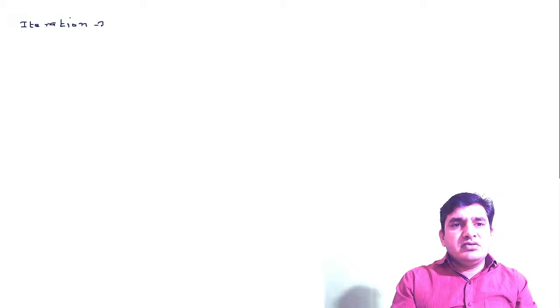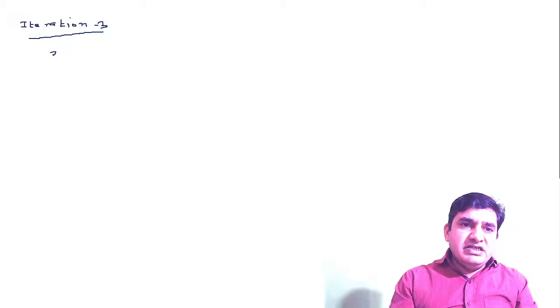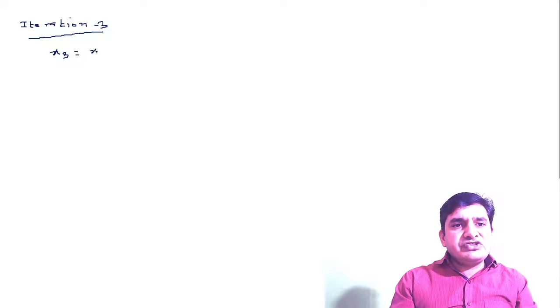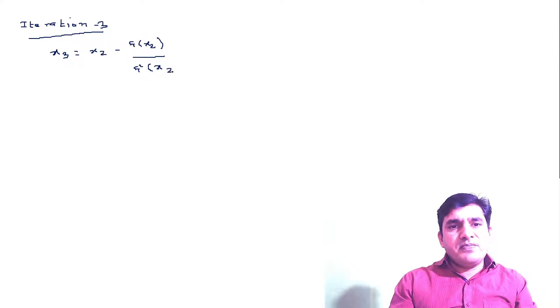Iteration third, that is x3, is equal to x2 minus f of x2 divided by f dash of x2. Very simple.